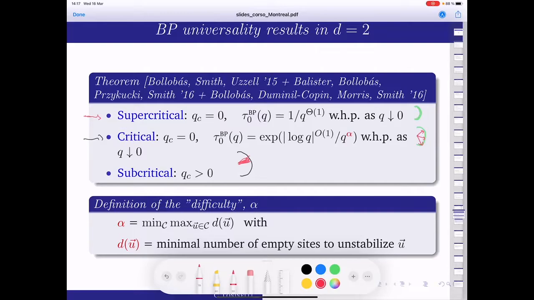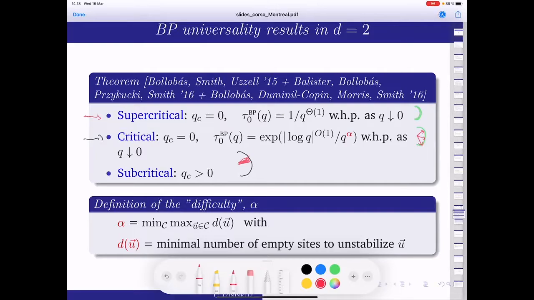What is the difficulty? The difficulty is defined for a critical model. See, I said that I have green semicircles, but they contain a finite number of stable directions. Each of these stable directions is a direction such that if I take the half filled and half empty configuration, I cannot empty anything with the bootstrap dynamics. But if I add some additional empty sites, I might start to be able to empty.